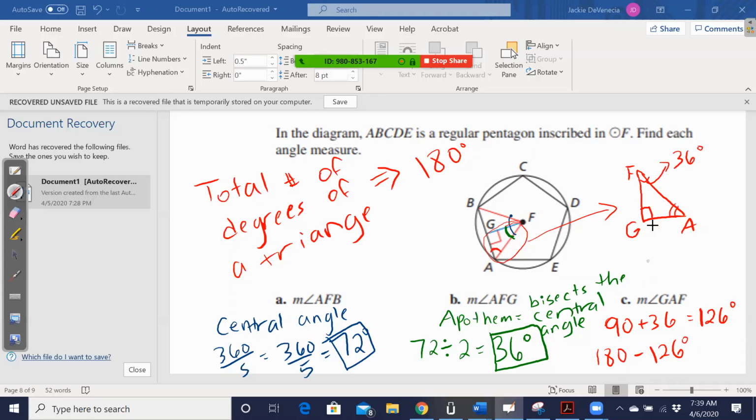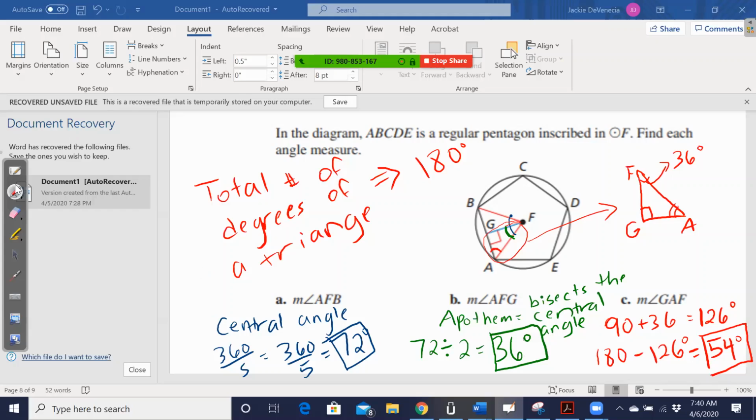Why am I doing this? Because I already have these two. Now I just need to know what's left. So 180 minus 126, and I'm going to find that this angle is going to be 54 degrees. Okay. So here, I just found all of my angles.